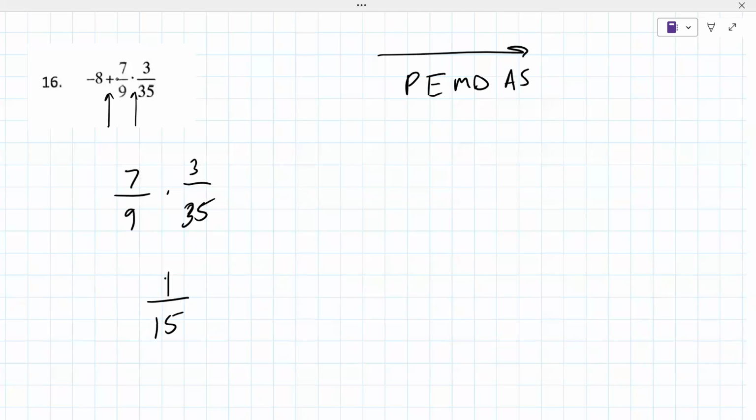Yes, I did get 1/15. So now it's -8 plus 1/15. And then that would be times the denominator, which is 15.